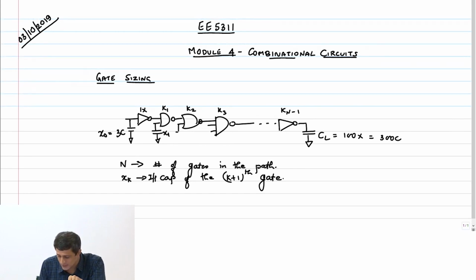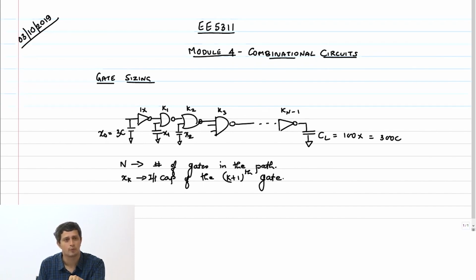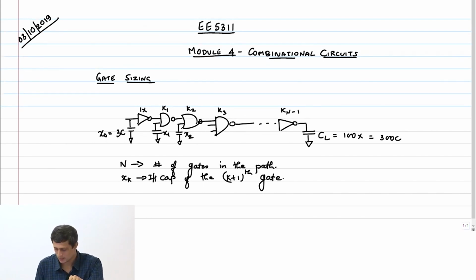And this will be my x2. x2 is the input capacitance of the k plus 1th gate. Like this I go and I have an input capacitance here of xn minus 1, and this is going to be my xn.